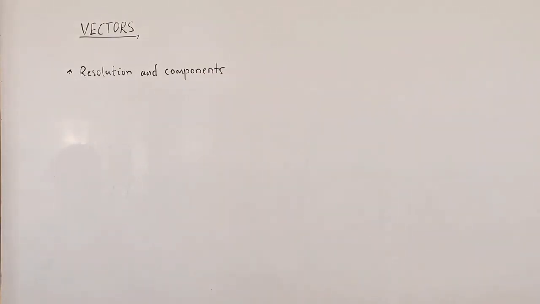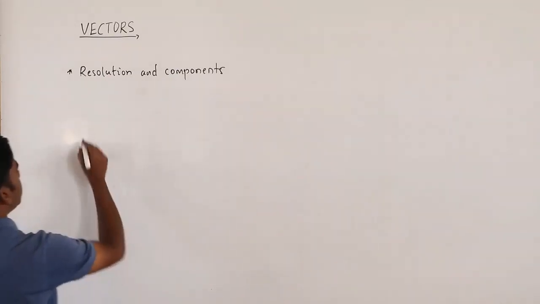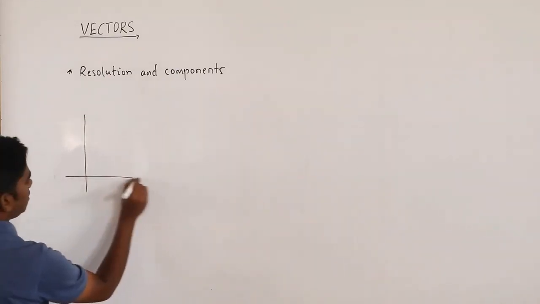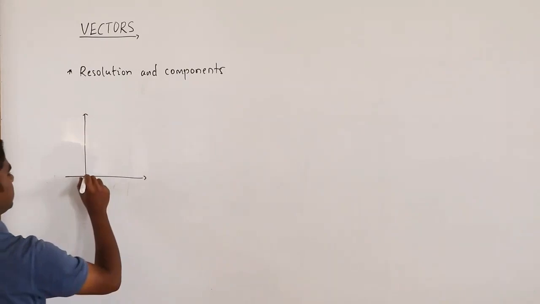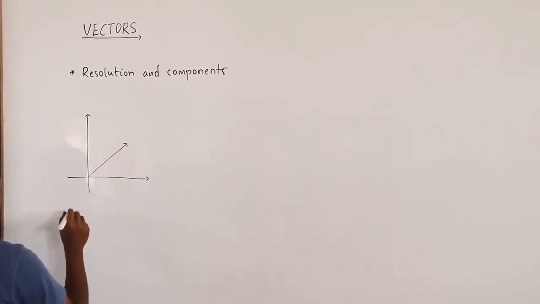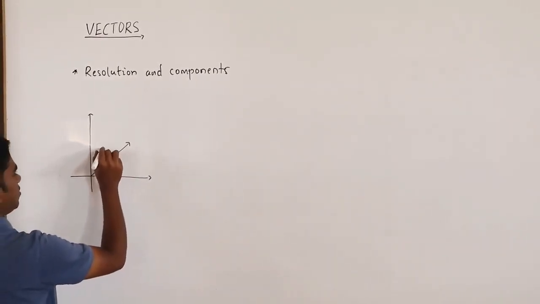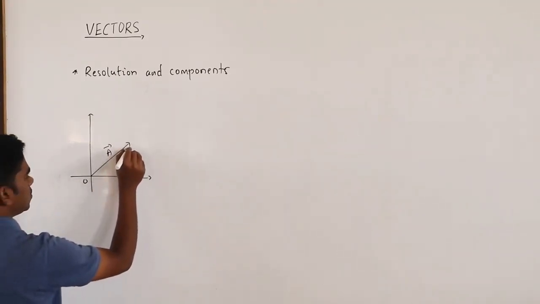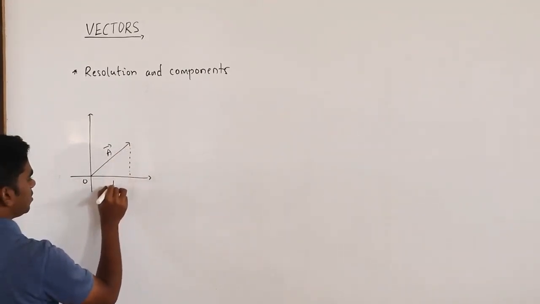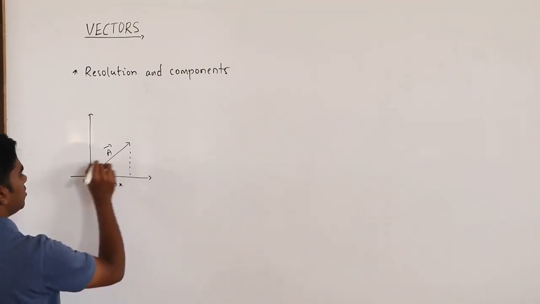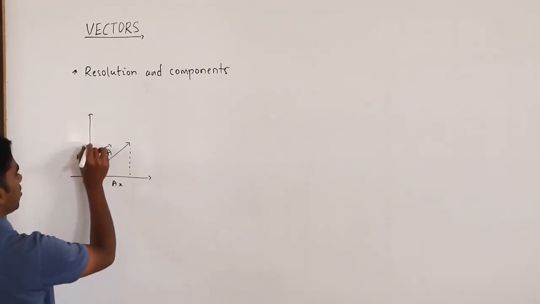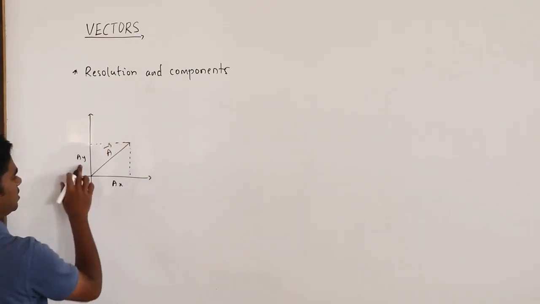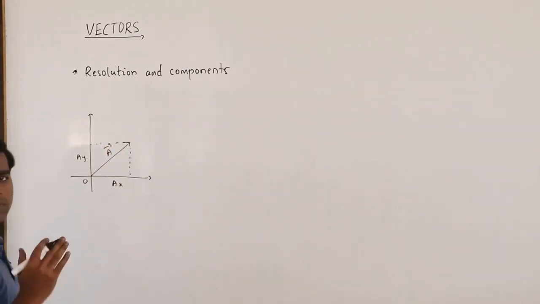Okay, so what we have done: if you have a two-dimensional vector, suppose this is your vector, say it's vector A, and this is the origin. So this is going to be its x component, and this is going to be its y component. These ax and ay are not vectors.